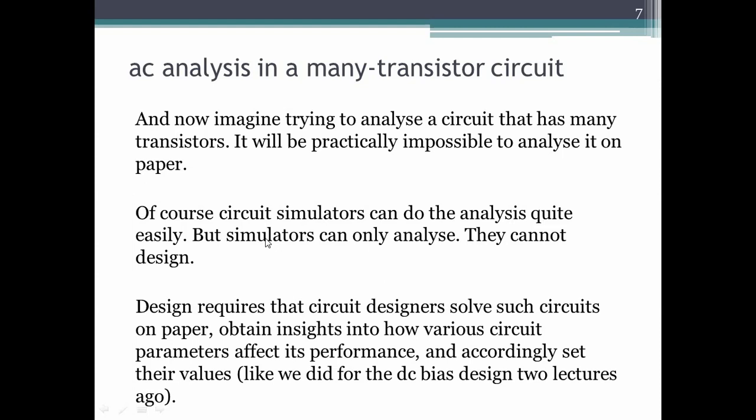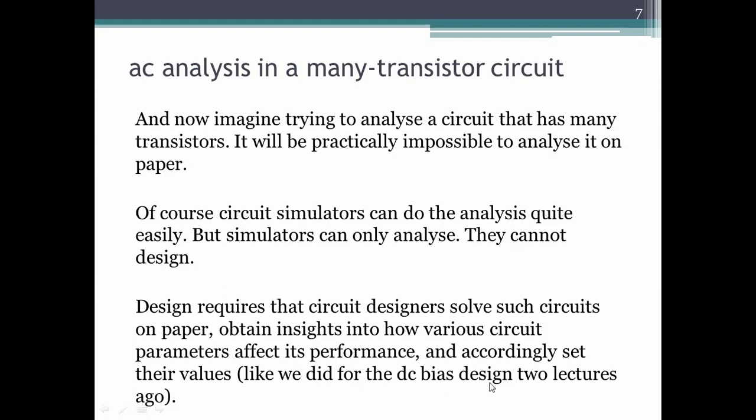But the point is that simulators can only analyze. We give it a circuit, it will tell us what the currents and voltages are. Simulators cannot design. If I want a circuit to achieve a certain collector current by choosing values of different resistances, a simulator cannot do it. You remember, this is exactly what we did for a DC bias design.